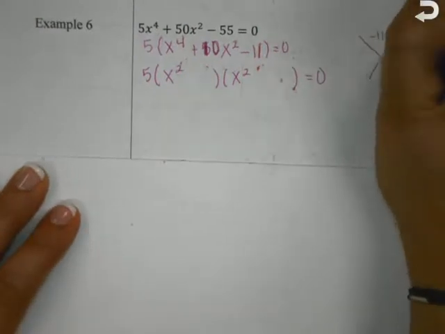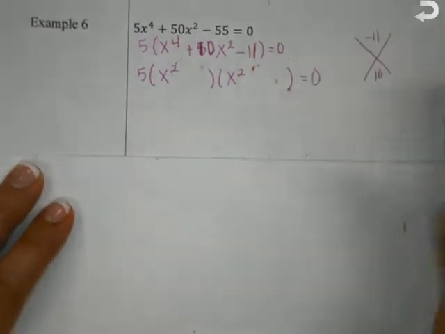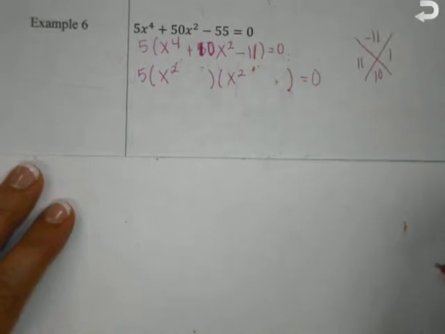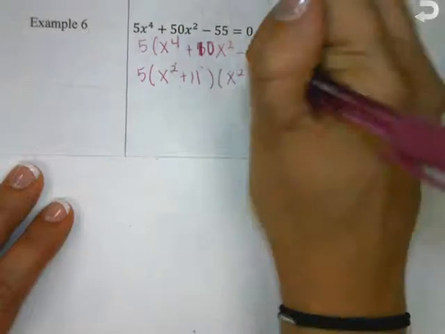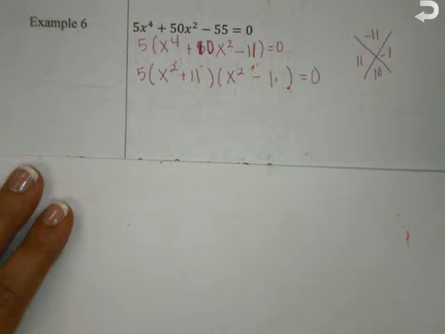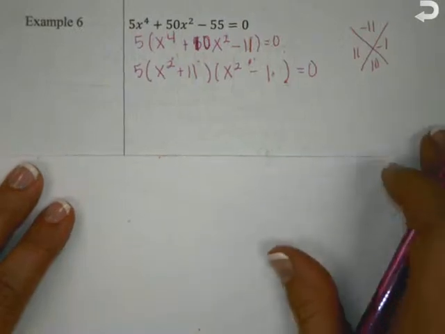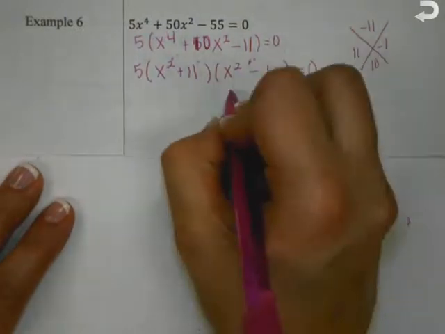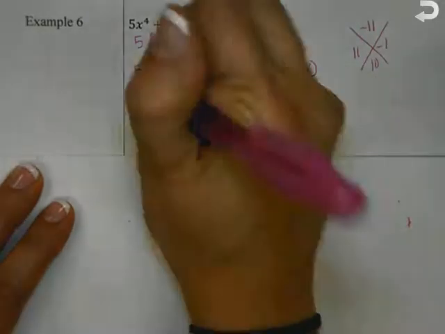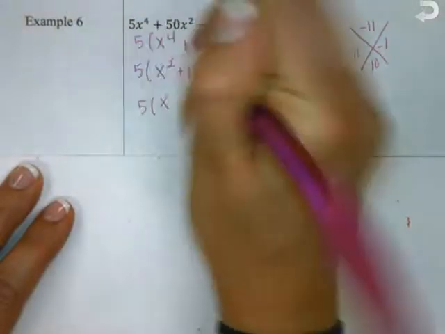The 1. So that's plus 11 minus 1. Does anybody see anything else we can do to factor? Exactly. I have a difference of 2 squares here. So this is still 5 times x squared plus 11 times x plus 1 times x minus 1. All of that equals 0.